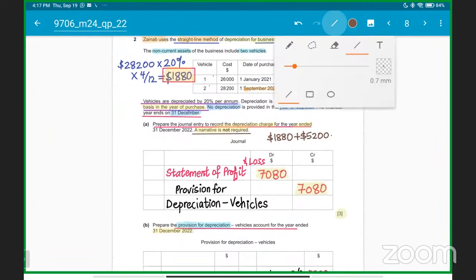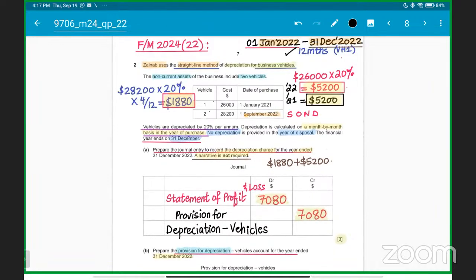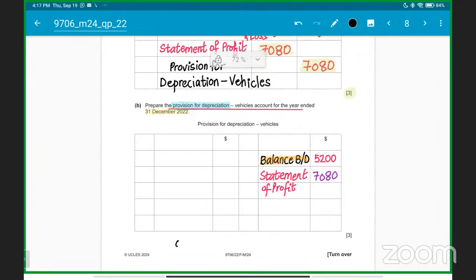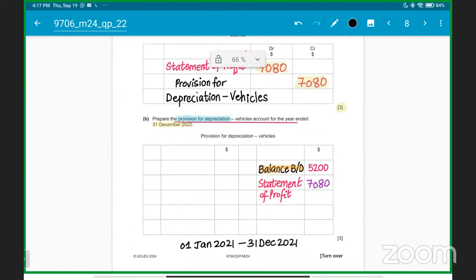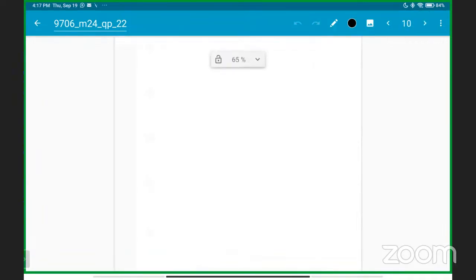We need to understand that in this question we are currently in the year 2022, that is from 1st January to 31st December, and the previous year was 1st January 2021 till 31st December 2021. In the previous year, we only had vehicle number 1. So let me explain it through a timeline. Students need to understand, this is January 2021.